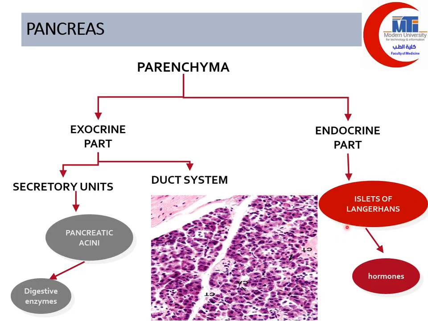These islets of Langerhans are the endocrine part, formed of groups of cells and fenestrated blood capillaries. These cells secrete hormones such as glucagon and insulin directly into the fenestrated blood capillaries to reach the blood circulation. So, the pancreas is a mixed gland formed of an exocrine part and an endocrine part.